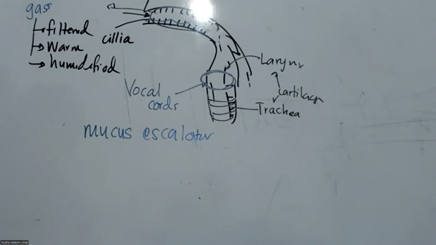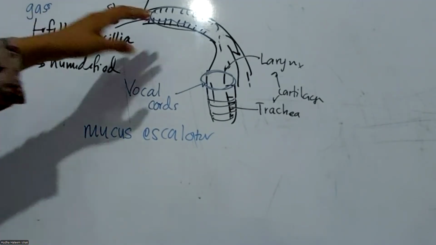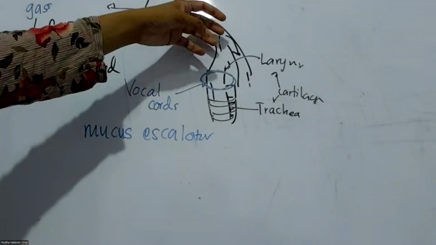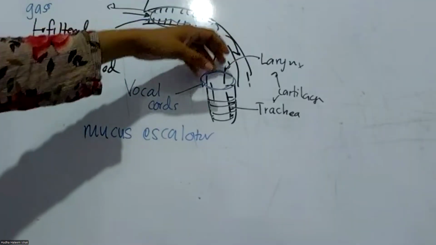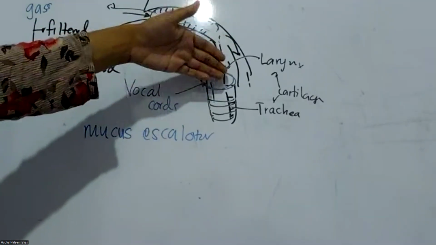We have cilia and mucus here. The epithelium is found in the major branches of the respiratory tract. The trachea and bronchi have cilia and mucus. This mucus helps to trap dust and other particulates. Whenever foreign bodies enter the respiratory system, the gas is initially filtered, but not fully, so small dust and other particles still come into the trachea.